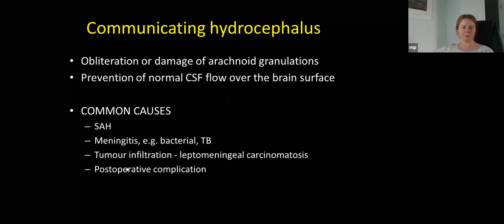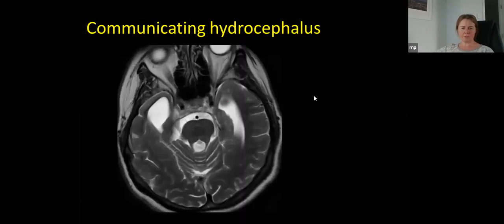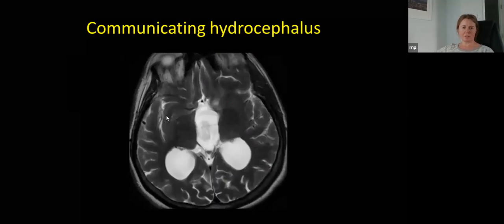So you've got a bit of blood floating around after you've had surgery. So mainly post-hemorrhagic after surgery. In communicating hydrocephalus, the ventricles will all be enlarged, and they will be enlarged out of proportion to the sulci.